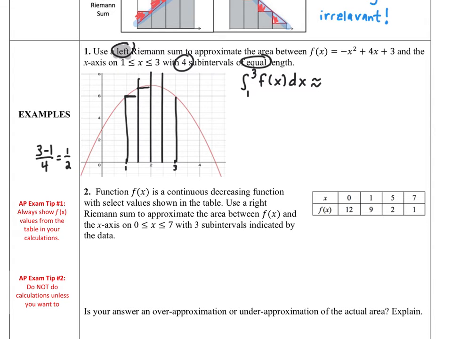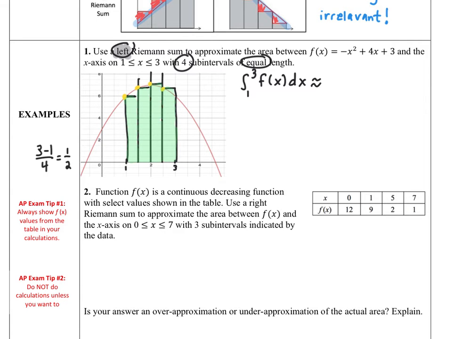I do the same for the third. I go up at the 2, where I hit the graph is where I draw the top of the rectangle. And then my fourth one would look like this. What's important to note about each one of these is that the left corner of each one is sitting on the graph of f of x.